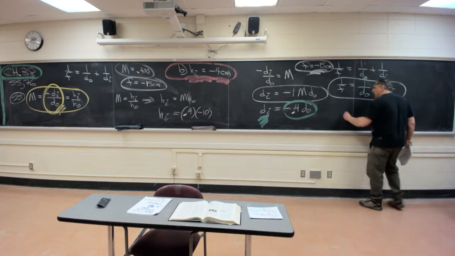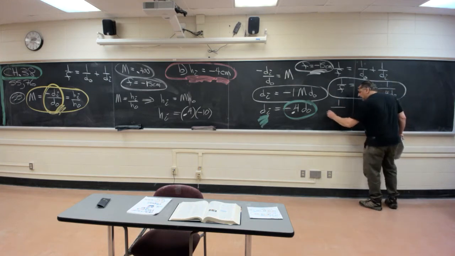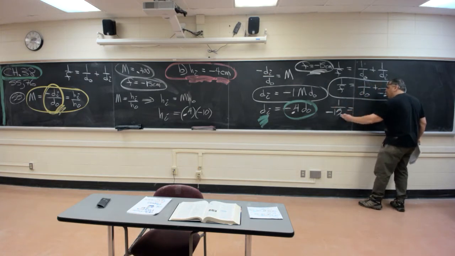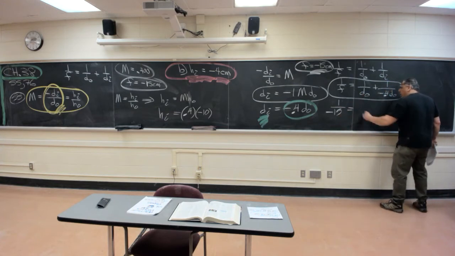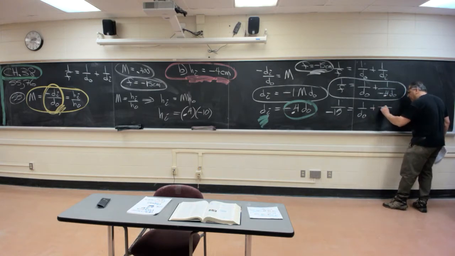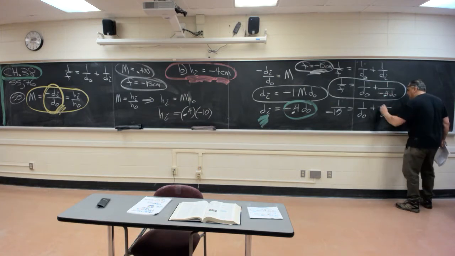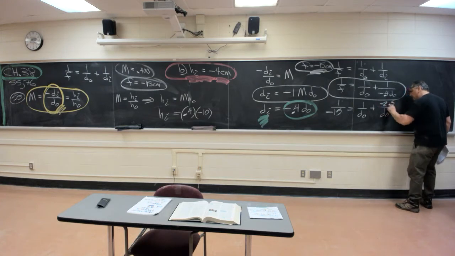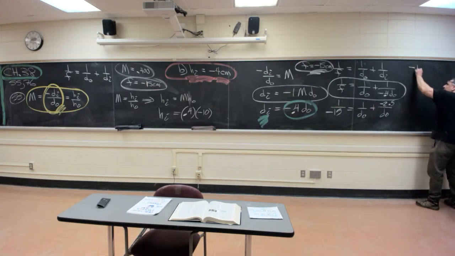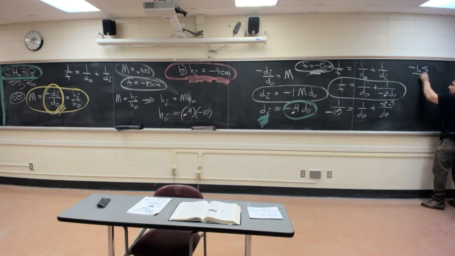Let's just start putting the numbers in there. 1 over f is 1 over negative 15. 1 over do, I don't know what do is, so I don't know what negative 0.4 do is either. However, I'm going to leave the do on the bottom and take negative 0.4 and put it into 1 and get negative 2.5. I'm going to add these two together, common denominator here.